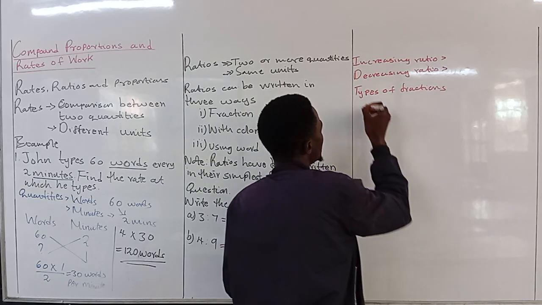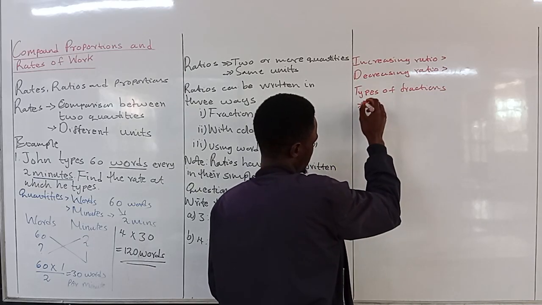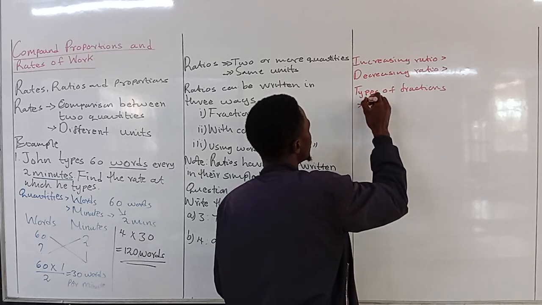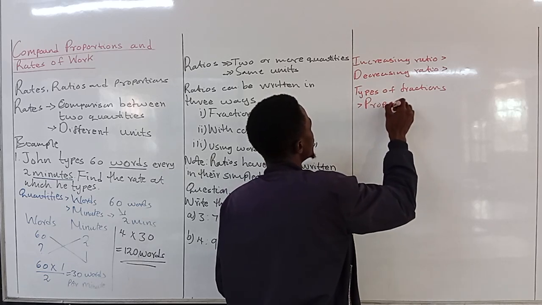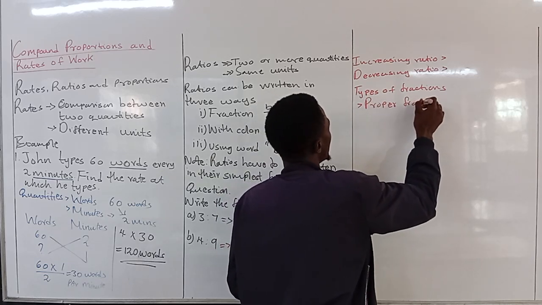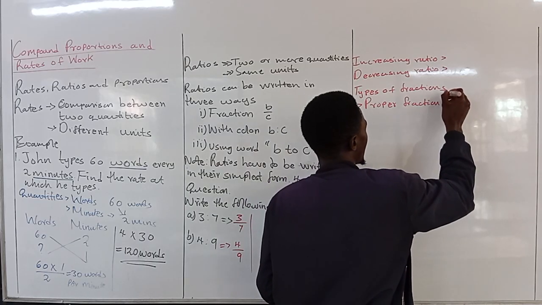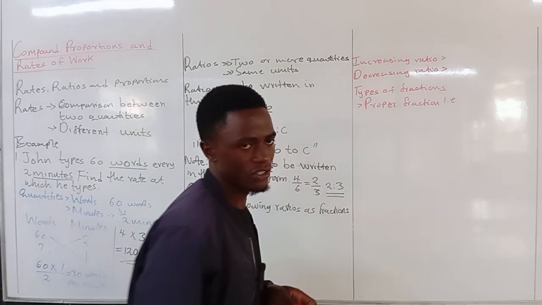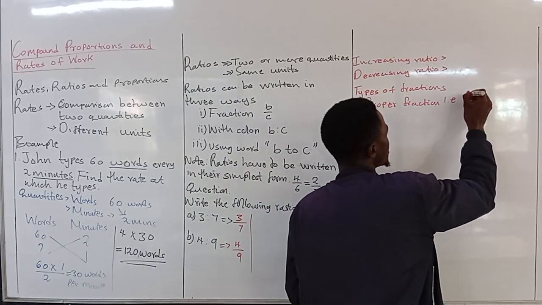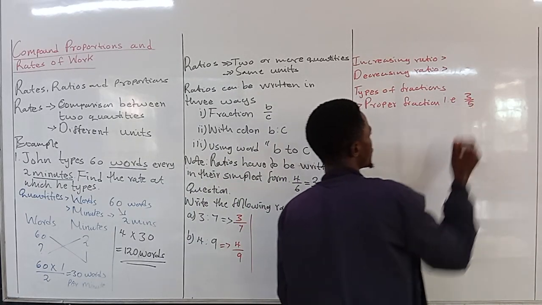We have three types. Number one is a proper fraction, and in this case the numerator is smaller than the denominator. That is something like 3 out of 5.